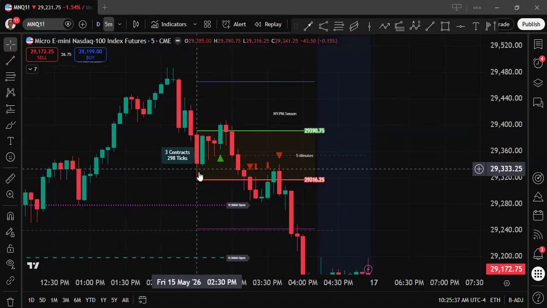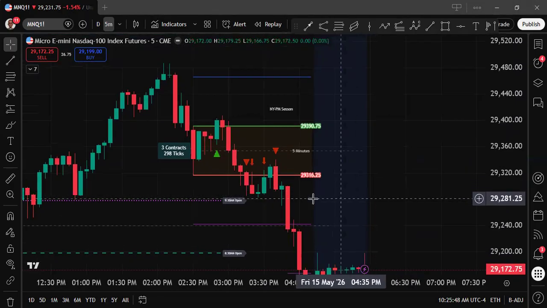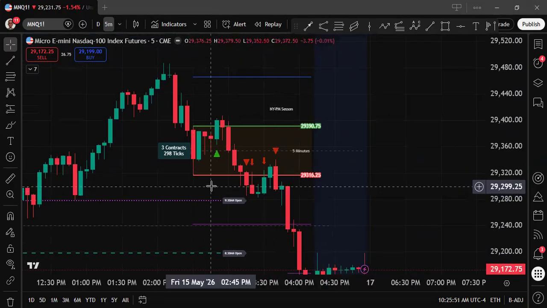Basically, I like to trade the ORB, as I said earlier, and there are several times I like to trade it. I like to trade the open range breakout at 2:30 in the afternoon, 8 p.m. Eastern Standard Time, 9:30 a.m., and also 12:30 in the afternoon.